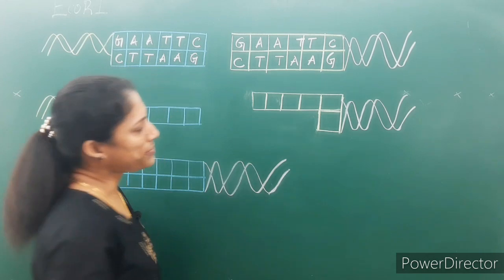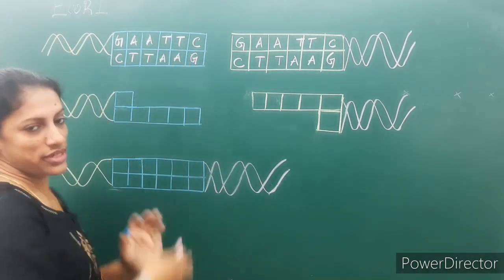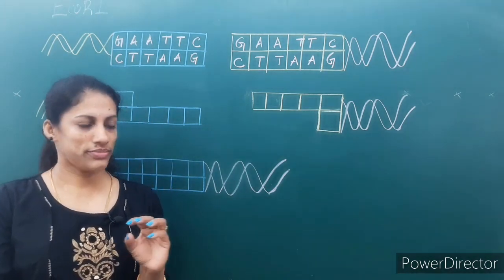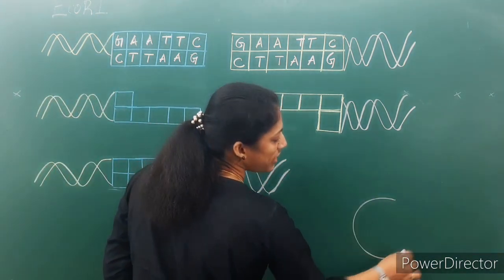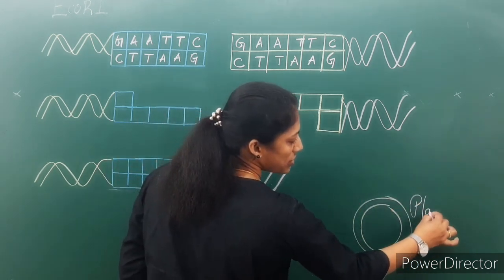Just listen here. Suppose this is the DNA segment which we are going to insert into the vector. In the last class you studied that the most commonly used vector is a plasmid.